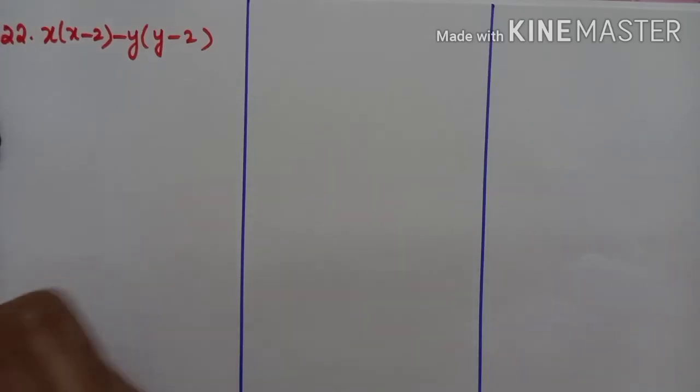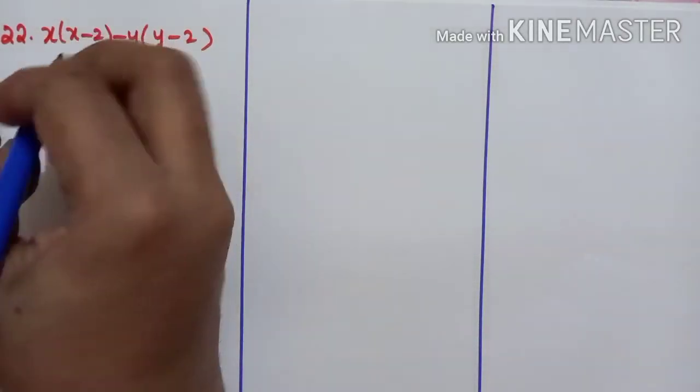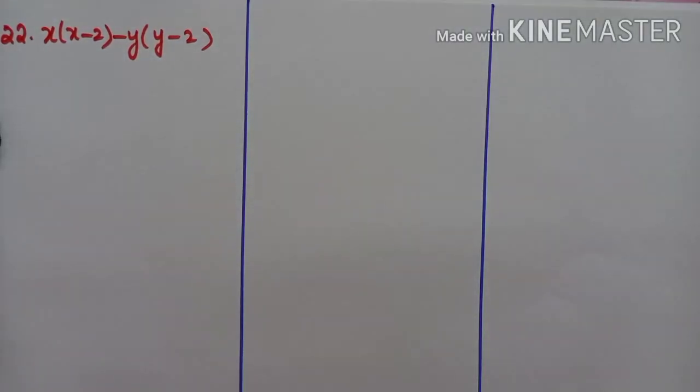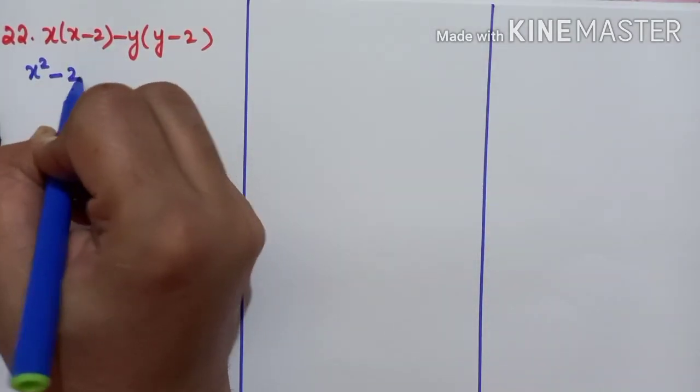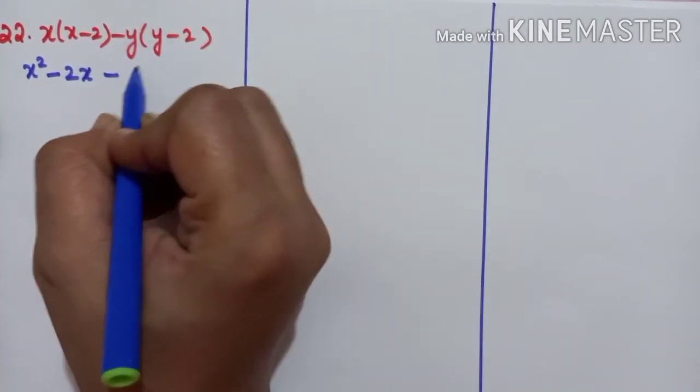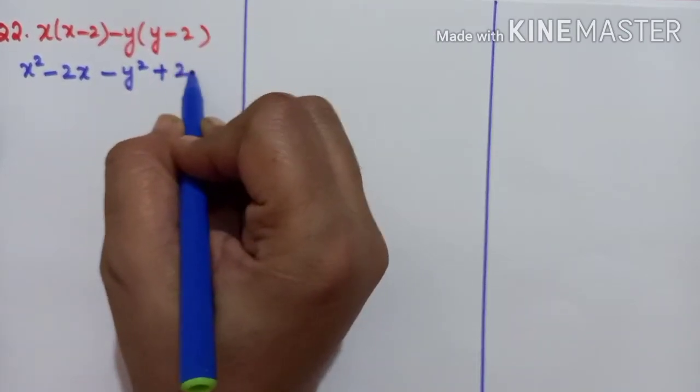Now the next one is x into x minus 2 minus y into y minus 2. Here it has already been given as factors, so you can just multiply, open the brackets and simplify. x into x will be x square, minus x into 2 will be 2x, minus y into y will be y square, then minus into minus plus y into 2, 2y.